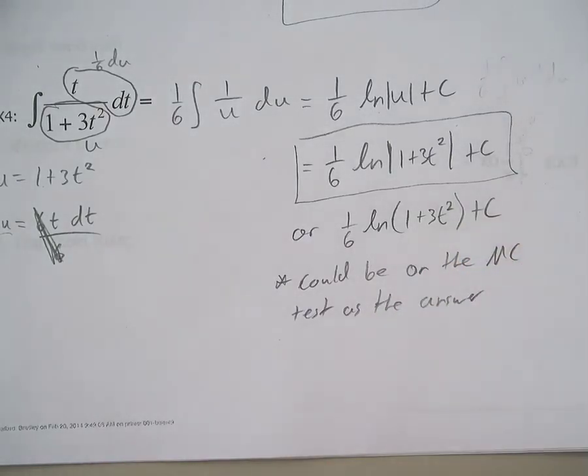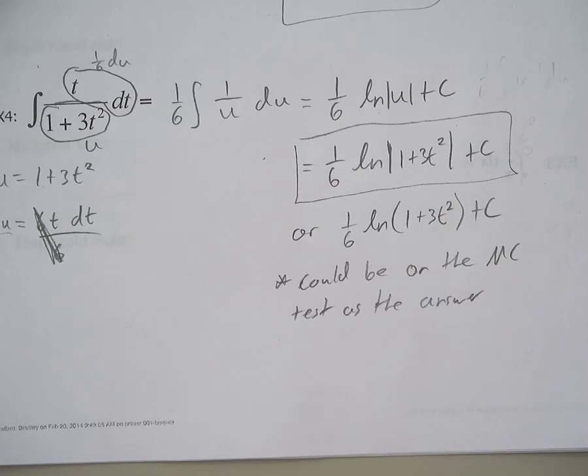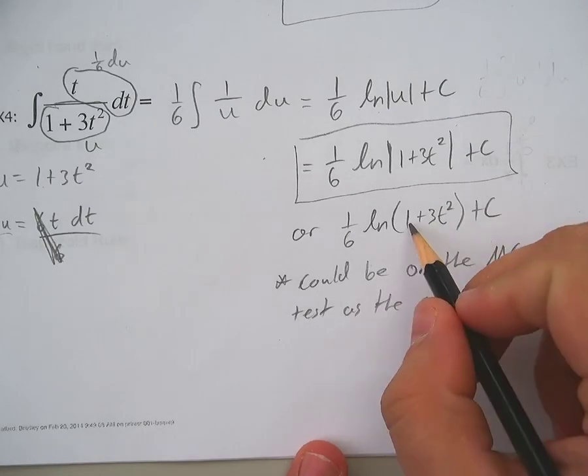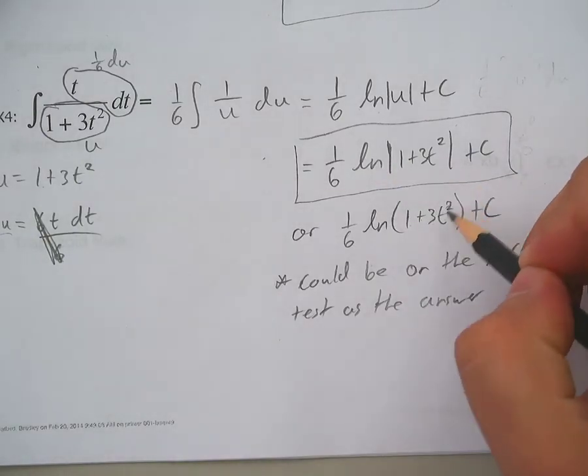Now think about why that is. Why would they be able to drop the absolute values off of that? They won't do it by mistake. They won't do it unless they can. The reason they can drop the absolute values on that is because 1 plus 3t squared will never be negative. Plug in anything you want into t. A negative number squared is positive, a positive number squared is positive.